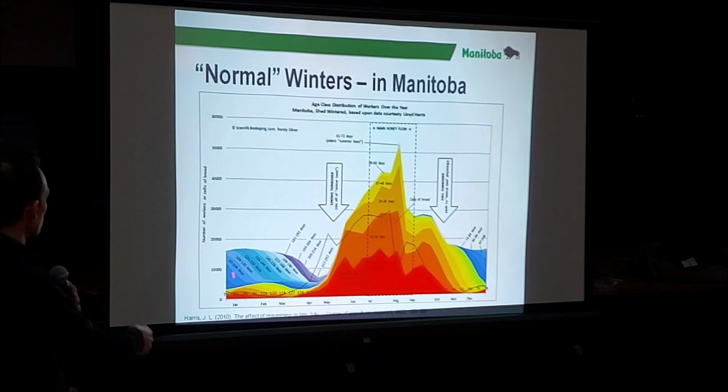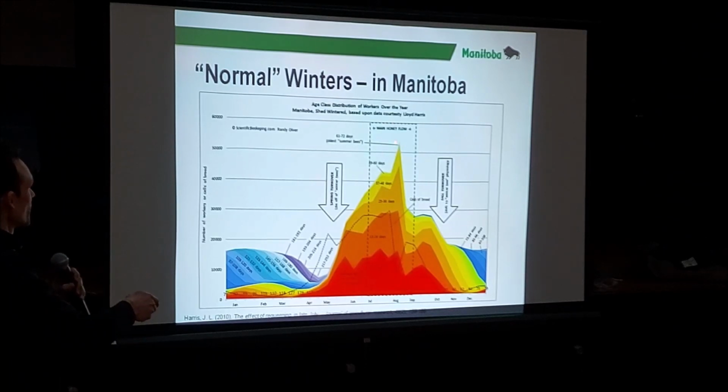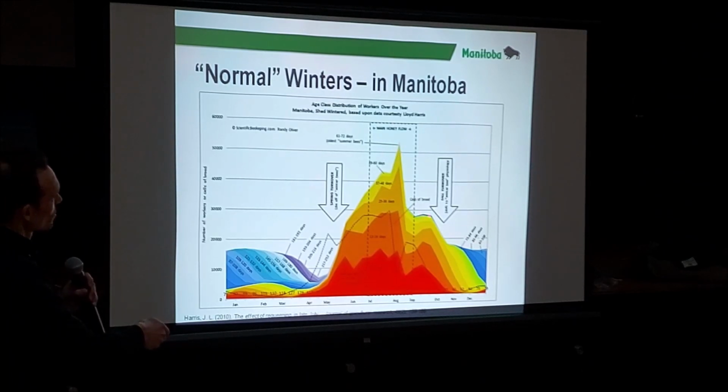This is January, I guess mid-December, just before January here, and a smaller population. Obviously things dip off in the springtime with spring dwindle, and then things skyrocket up and hopefully peak around the main honey flow peak. And then drop off and slowly taper off over the fall.